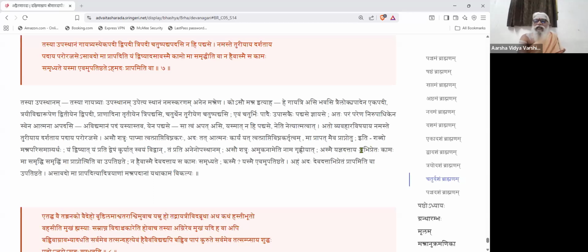And whatever he desires in his mind, abhipretaha kamaha, he has a preeti towards something, whatever he wants to gain, his desire. Samriddhim ma prapnotu iti means he may not get it. That is the prayer here. May he not get it.